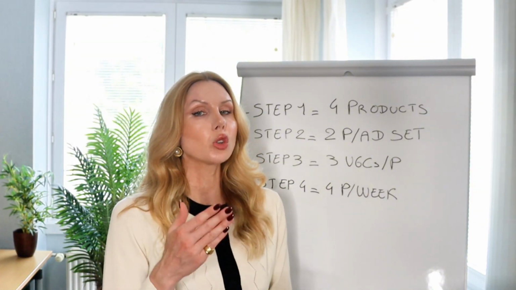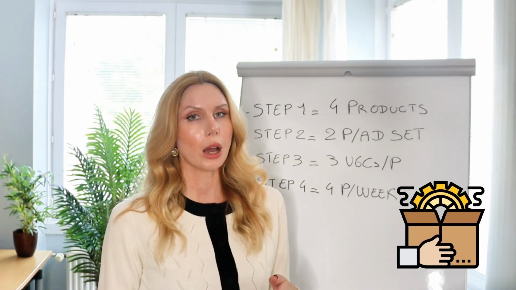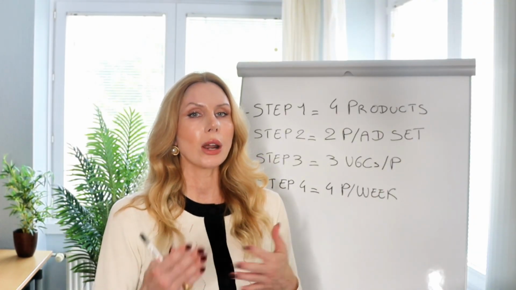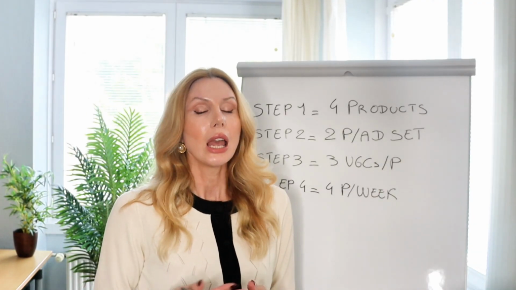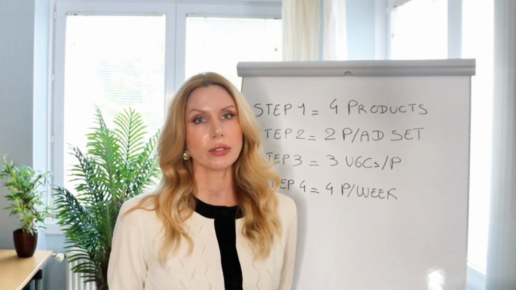However, you're going to make it so much more difficult on your end if you just have 1 or 2 products. You don't need to have 50 products either in your store, but 1 or 2 products is very light. If those don't work well, then you're back to square one with nothing.